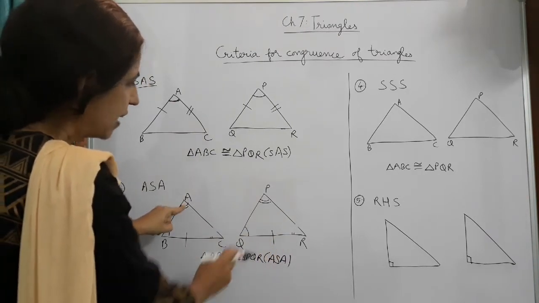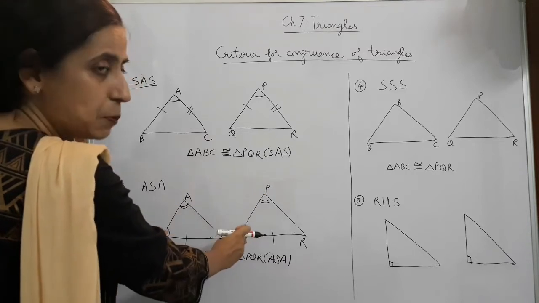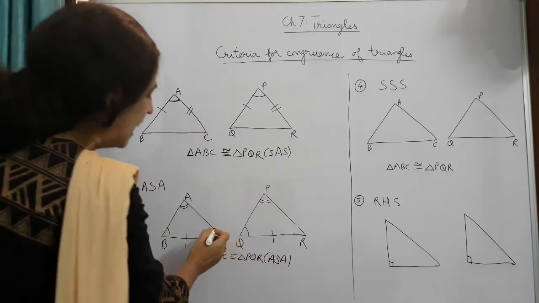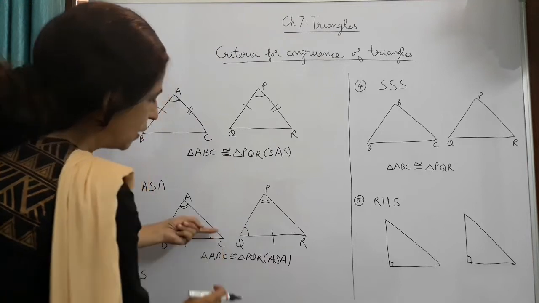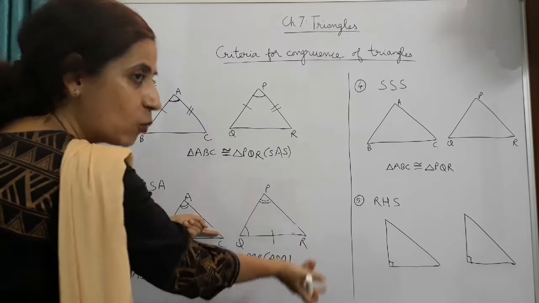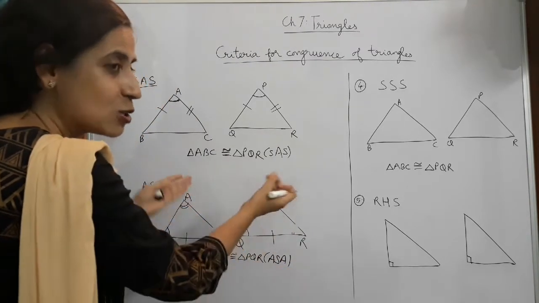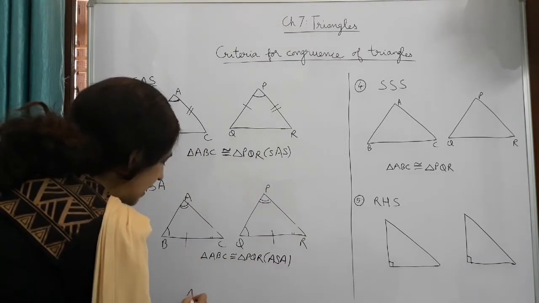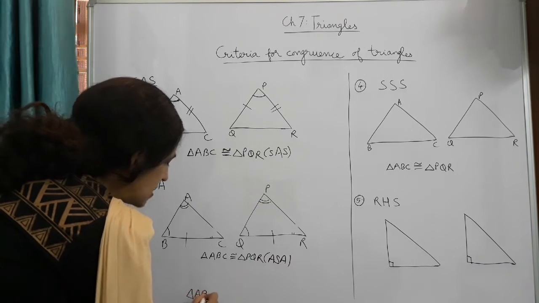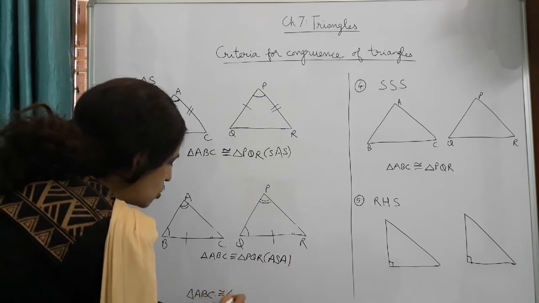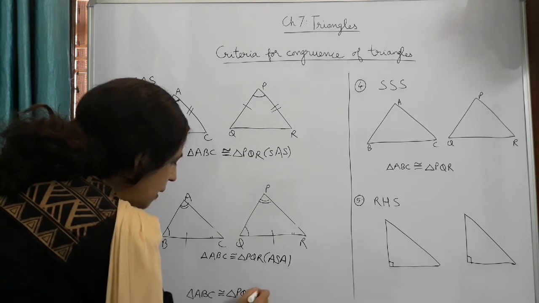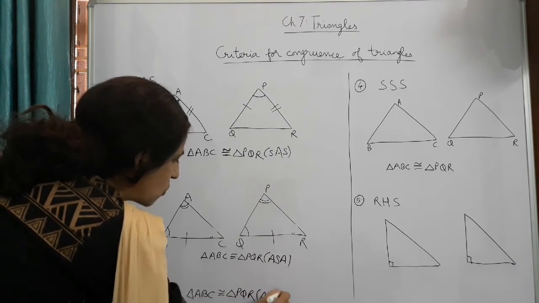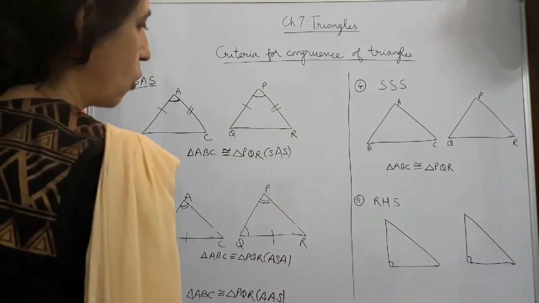So if angle A is equal to angle P and angle B is equal to angle Q, then definitely by angle sum property, angle C will be equal to angle R. So the triangles will be congruent. So in this case also we can say that triangle ABC is congruent to triangle PQR by AAS criteria of congruence.